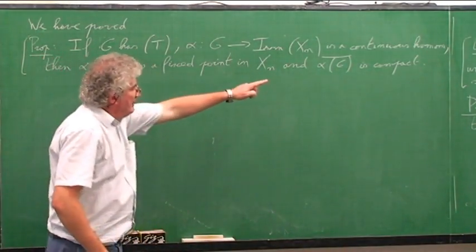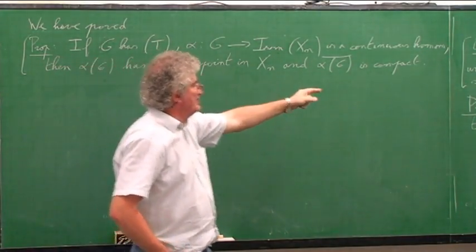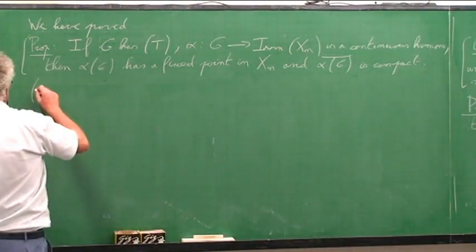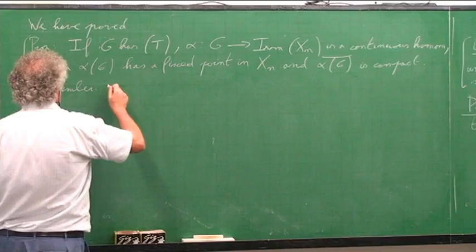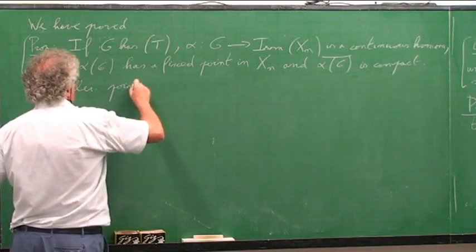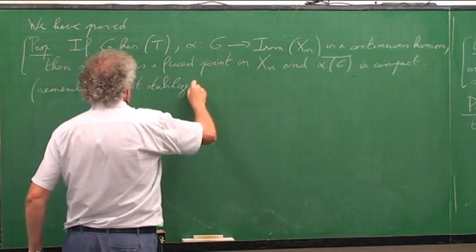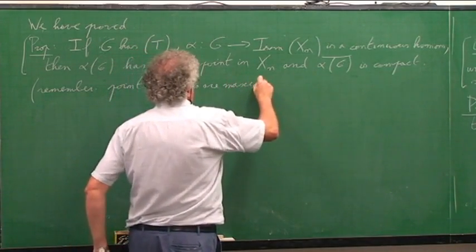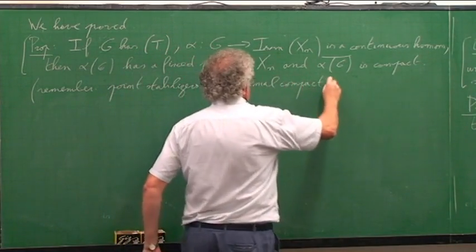Why is it compact? Well, just because point stabilizers are maximal compact subgroups in the isometry group. Remember, point stabilizers are maximal compact.